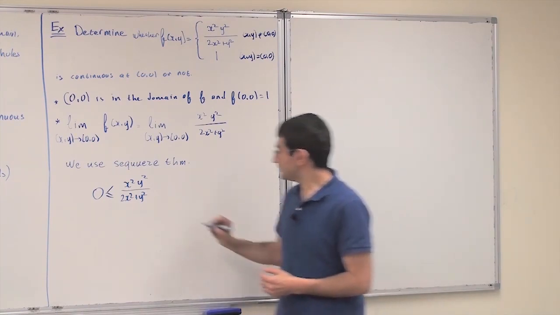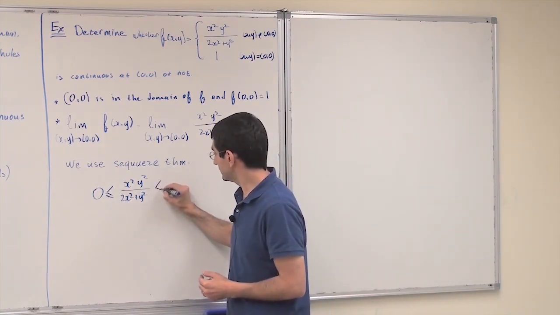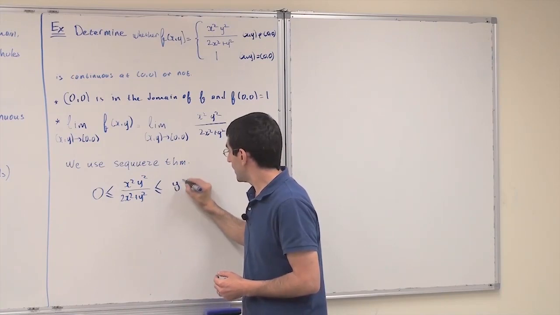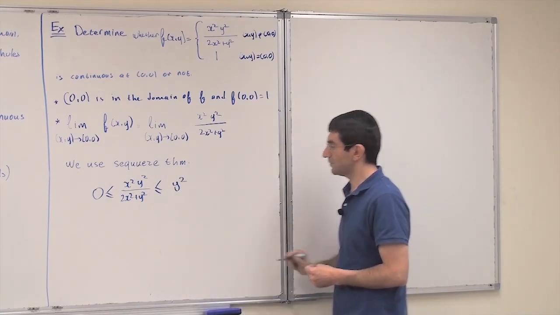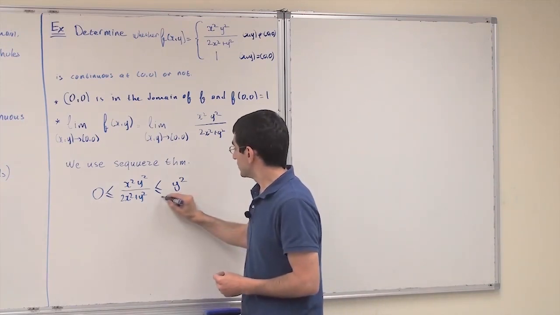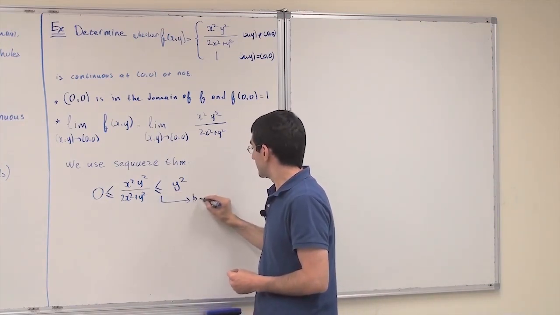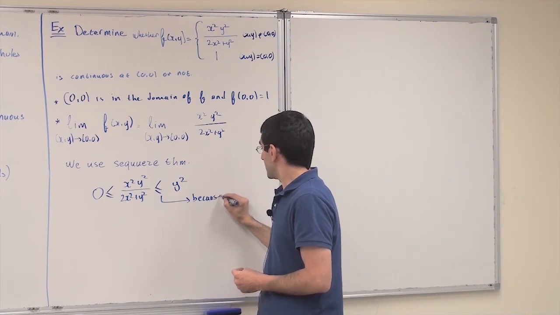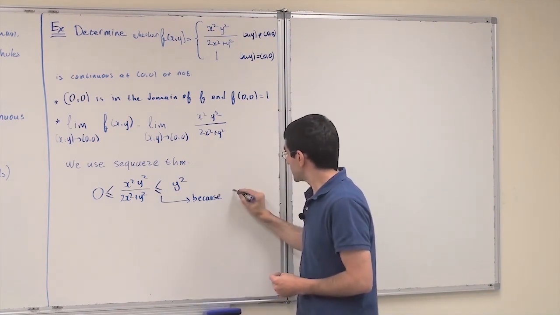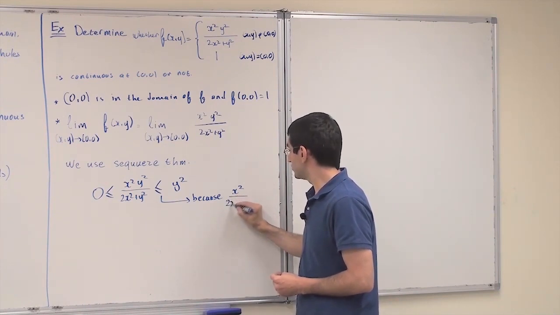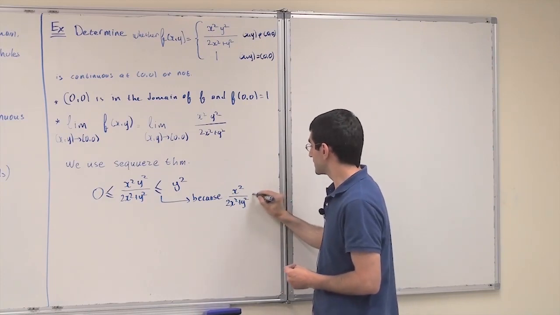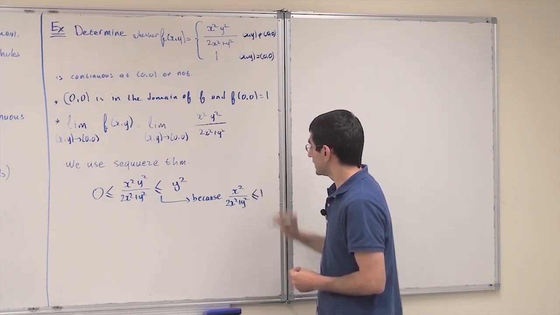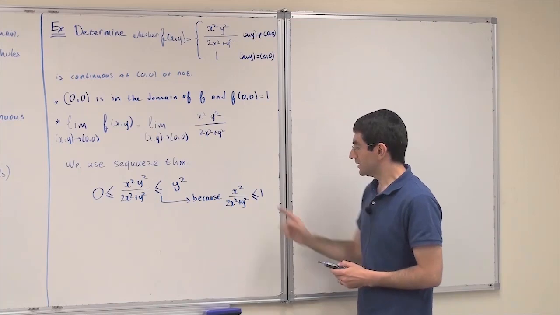On the other hand, our function is smaller than y squared, because x squared over 2x squared plus y squared is always less than or equal to 1.